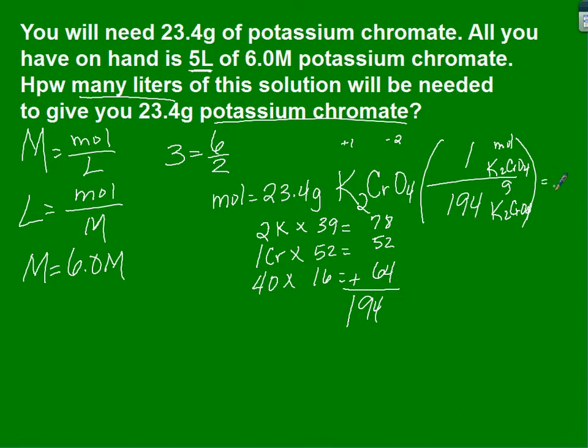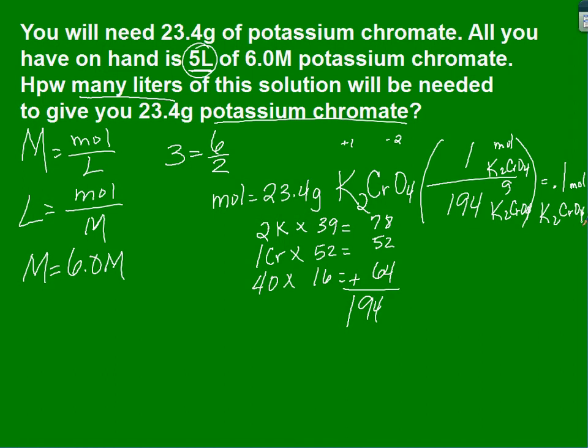How many sig figs should I have? The crazy thing is, because this problem is 1, it's a very badly written problem. So that's going to be 0.1 moles of K2CrO4.